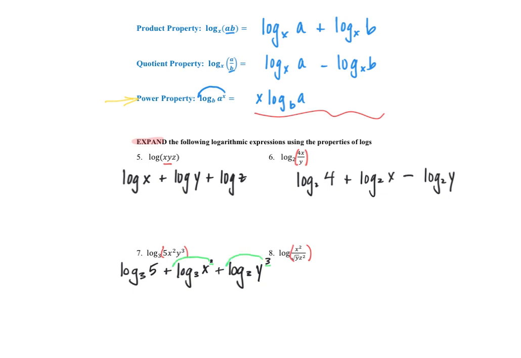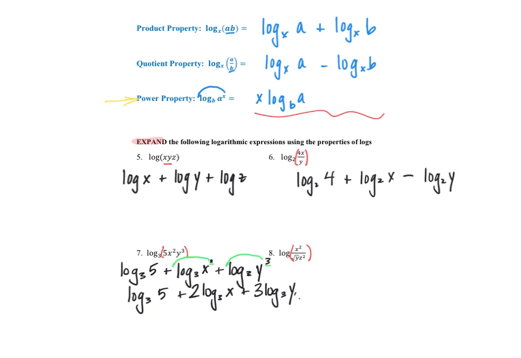All right, so I have log base 3 of 5 plus 2 times log base 3 of x plus 3 times log base 3 of y. So again, each of those terms, the 5, the x squared, and the y cubed, each got their own log, and then I brought those exponents in front.